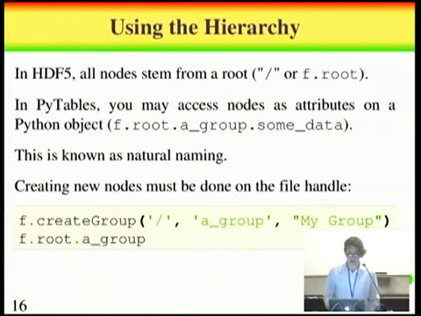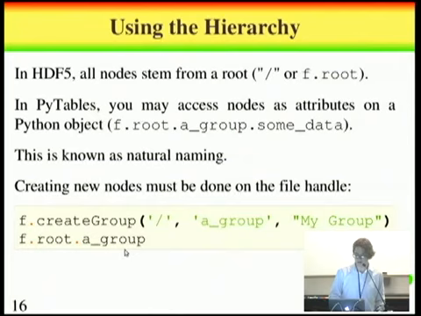Okay. So you can create new nodes in your tree relatively easily, but because you've got this root thing, which represents your hierarchy, basically all creation functions have to happen on the file object itself, right? They can't function on the root group or data. They actually have to function on the file as a whole. So here we might say f.createGroup.